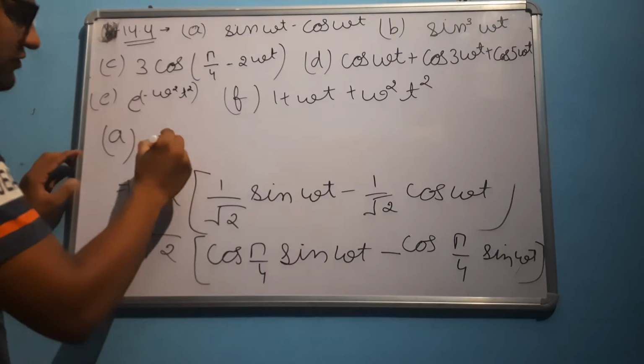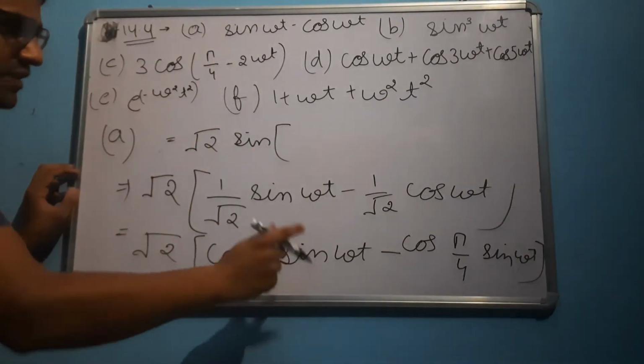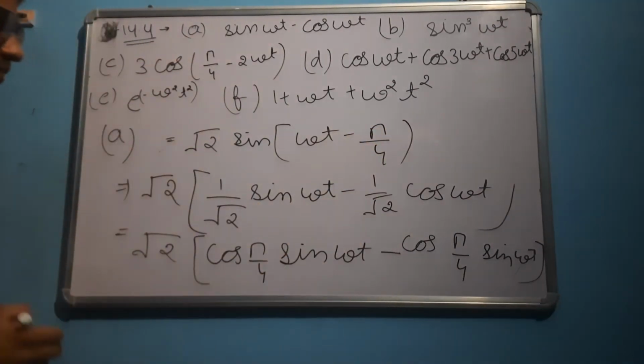So it will be equal to root 2 sin of omega t minus pi by 4.